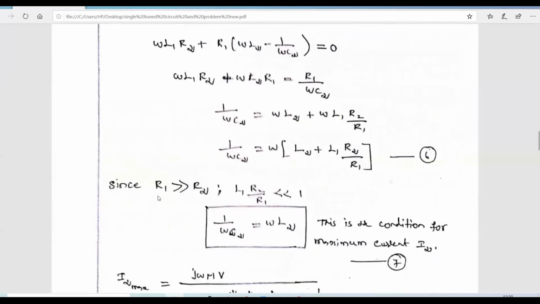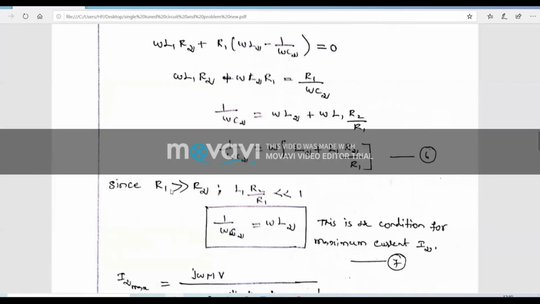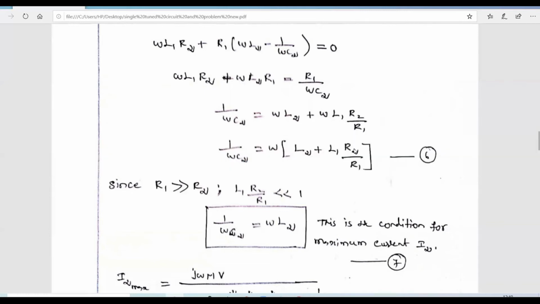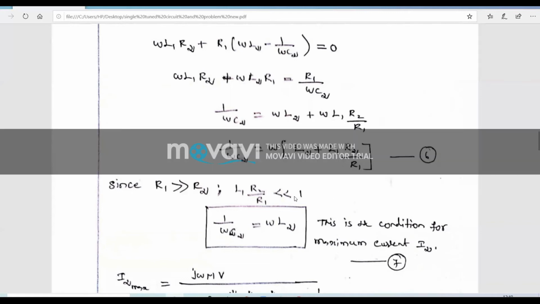The resistor R1 is used on the input side and R2 on the output side. Usually the source resistance R1 is very much greater than R2. When R1 is very much greater than R2, in this equation the numerator part is very small compared to the denominator part, and this product value is always very much less than 1.